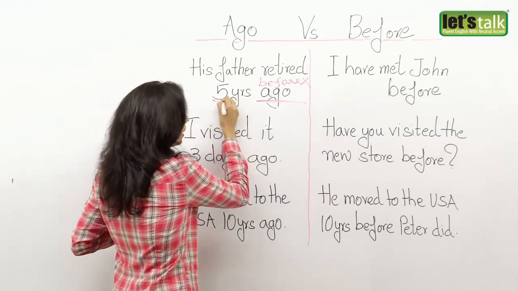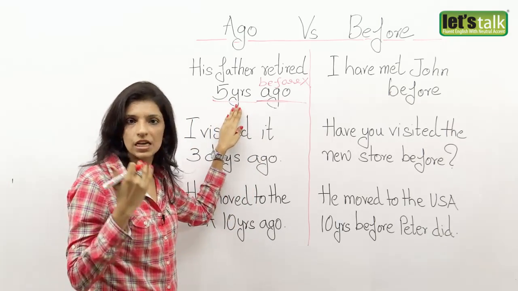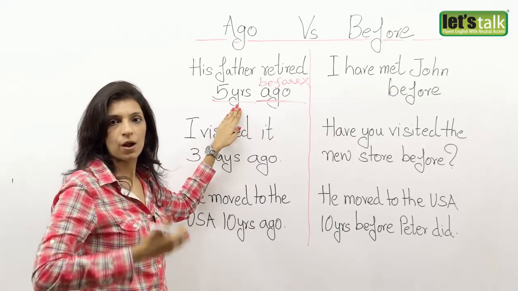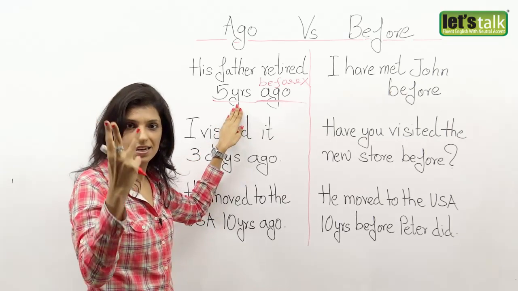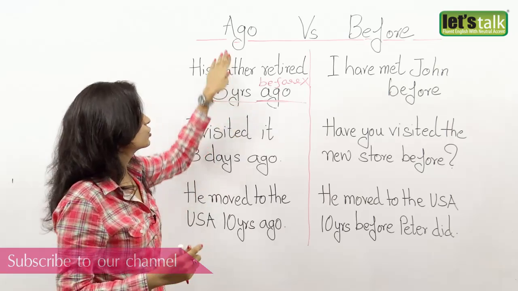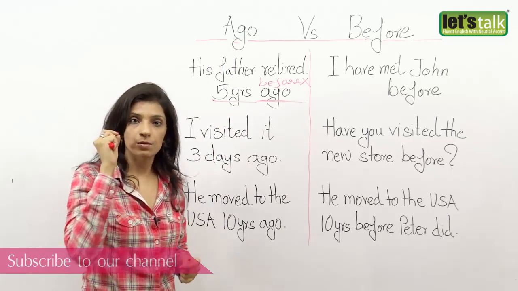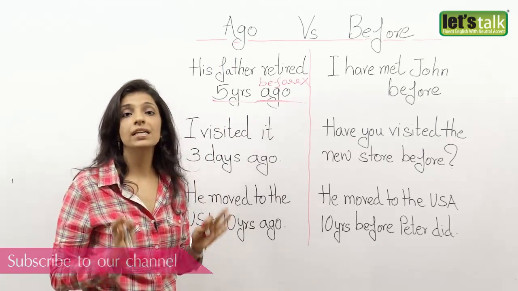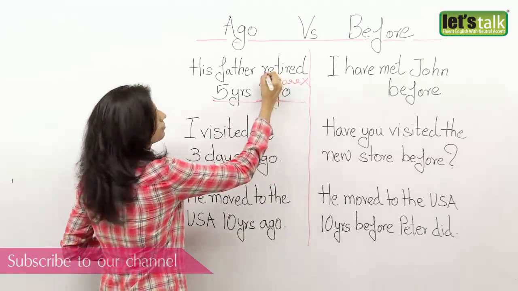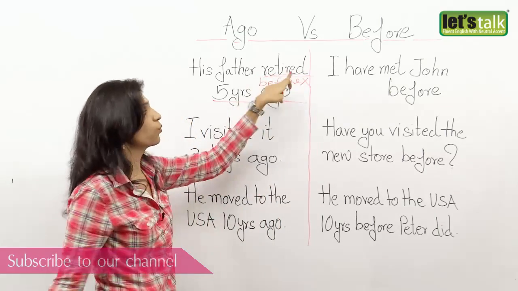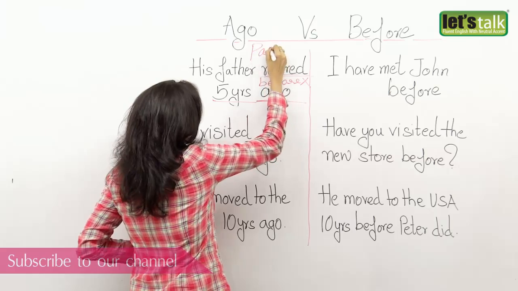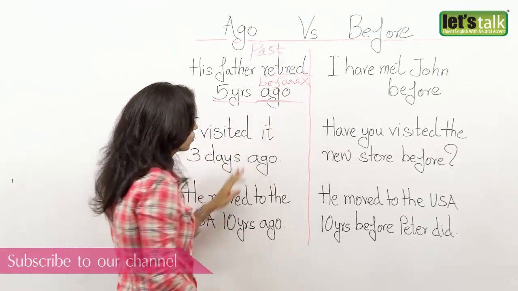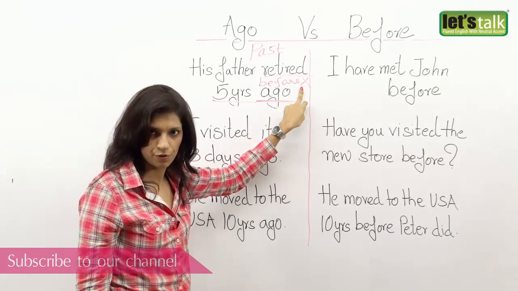So when I say 5 years ago, we are in 2013, and if you count backwards 5 years, you will have 2012, 11, 10, 9, 8. So it is a specified time period, something that very clearly happened in the past. Like if you see the verb here, retired, it indicates past. So we do not use before.